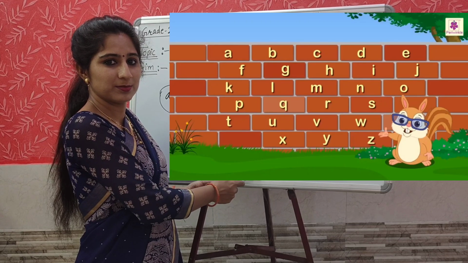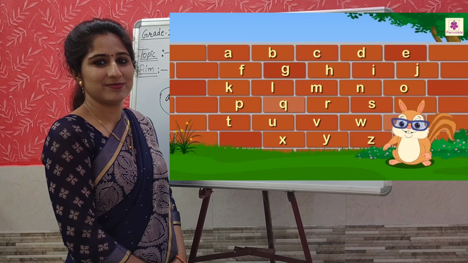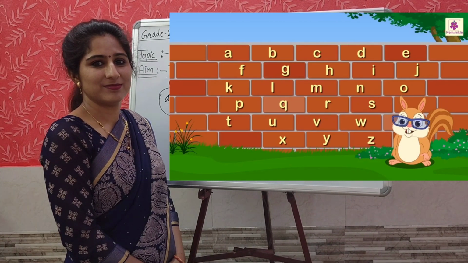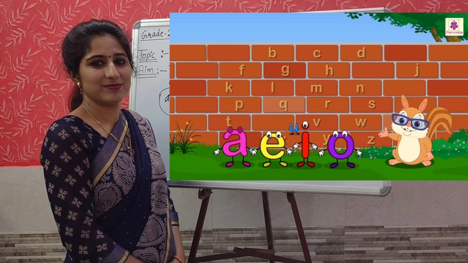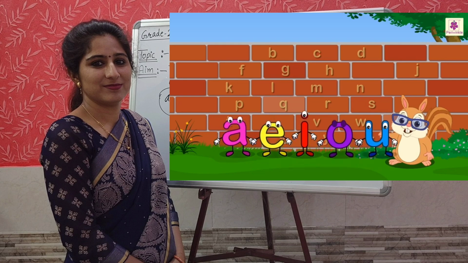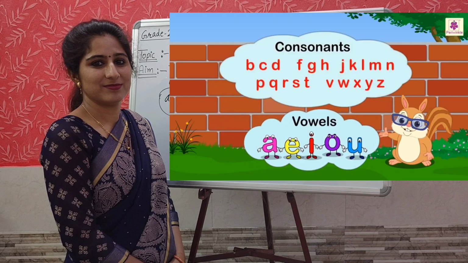There are 26 letters in the English alphabet family. Letters A, E, I, O, U are vowels. All letters other than vowels are called consonants.